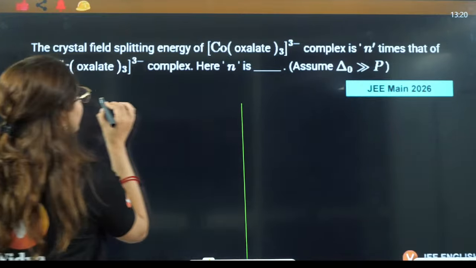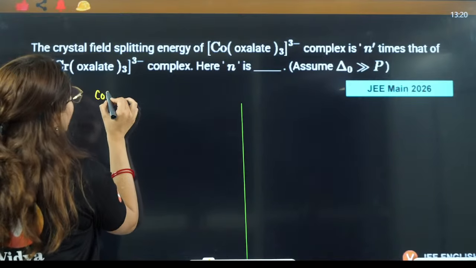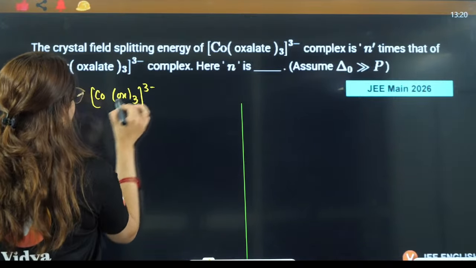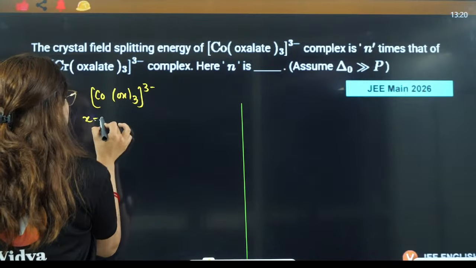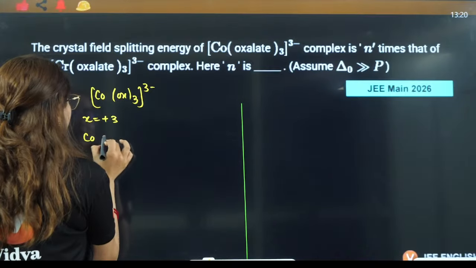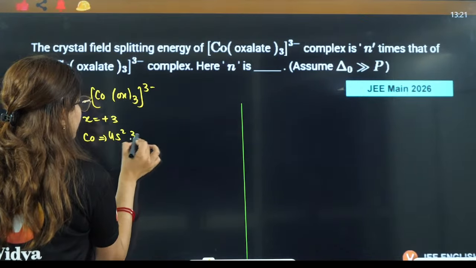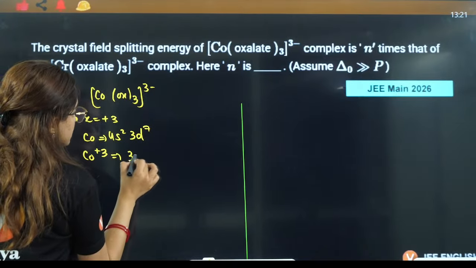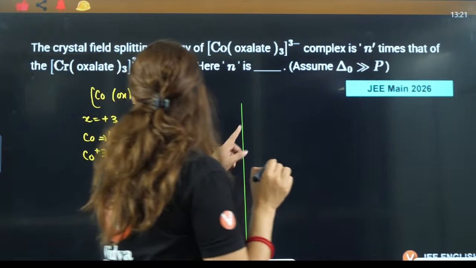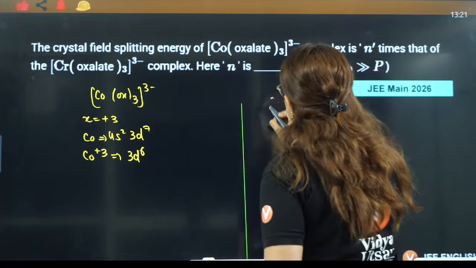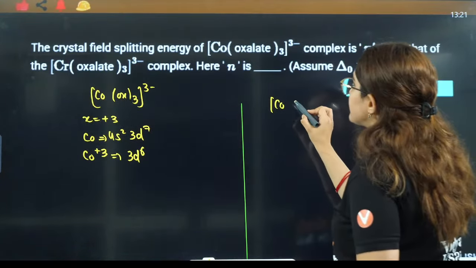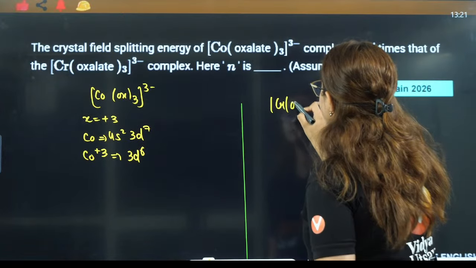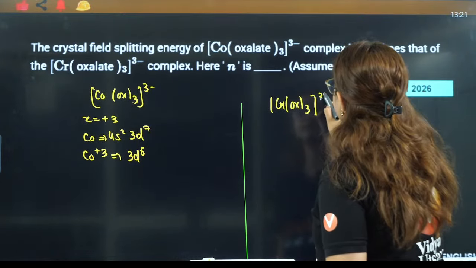So here this is cobalt, oxalato 3, this is 3 negative. So X is going to be plus 3. Cobalt is 4s2 3d7, so cobalt plus 3 is 3d6. In this case, this is chromium, oxalato thrice, this is 3 negative.